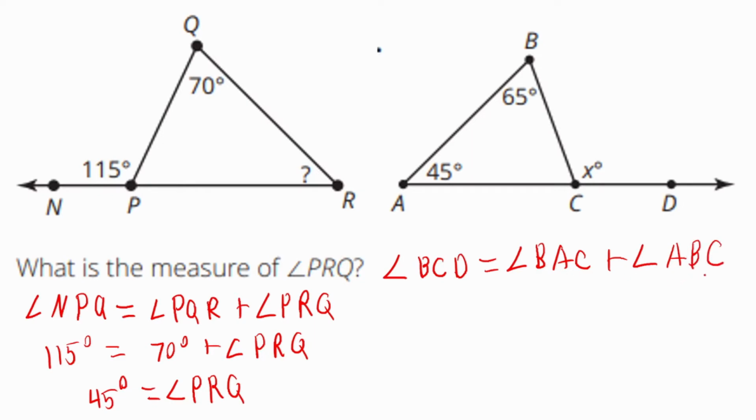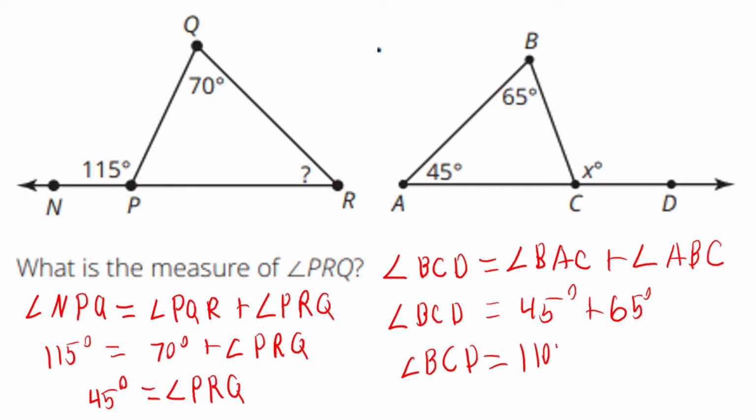We know BAC and we know ABC, so all we have to do is say angle BCD is equal to 45 plus 65 degrees, which is just going to give me angle BCD is equal to 110 degrees. And there we go.